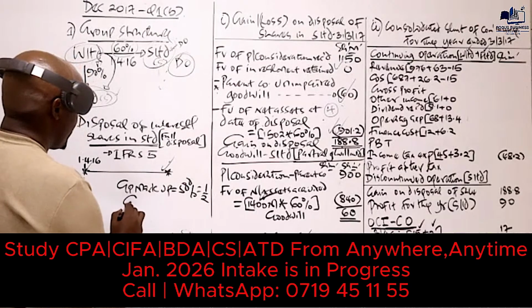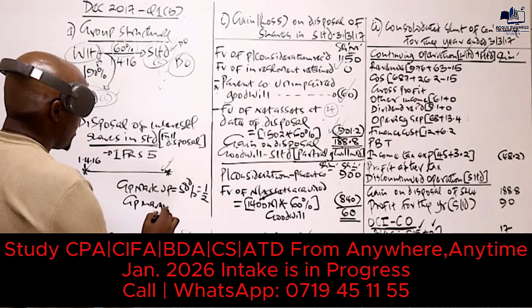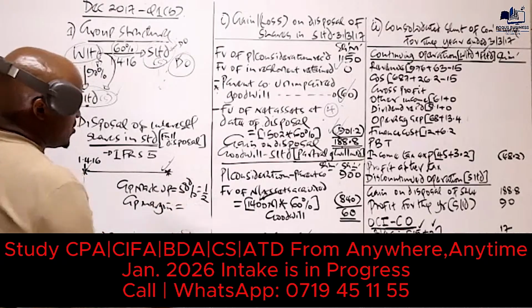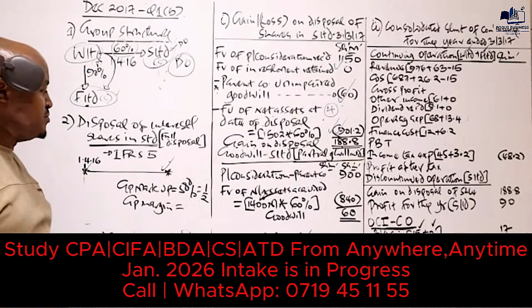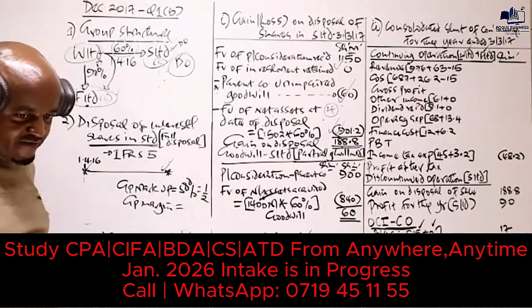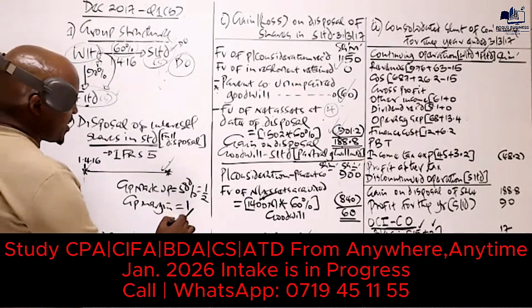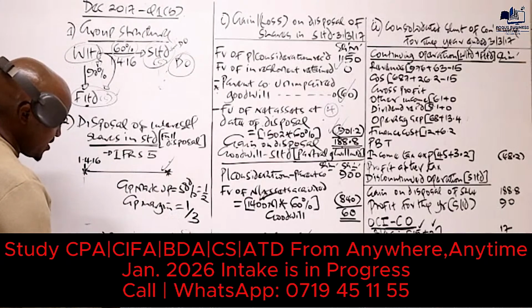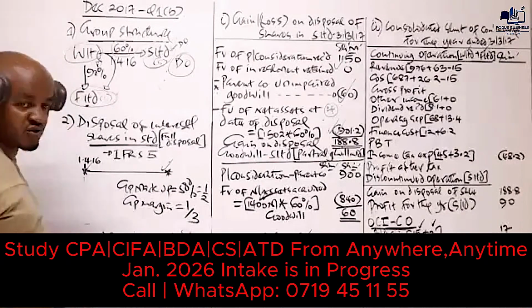So the gross profit margin will be equivalent to a third. So this will be a third of the unsold goods.